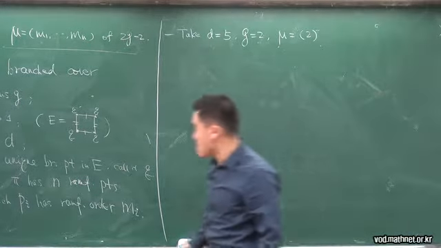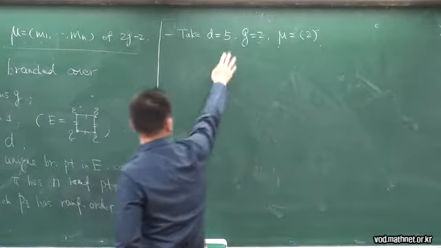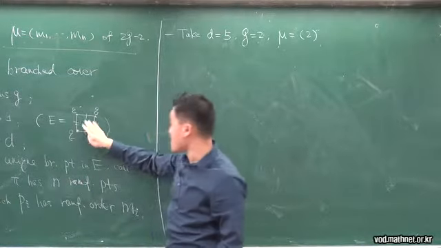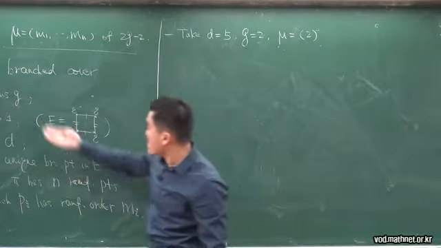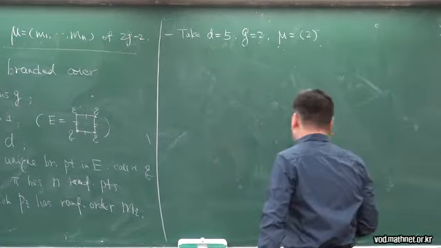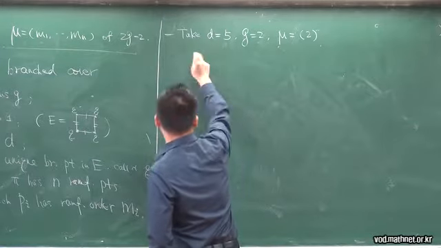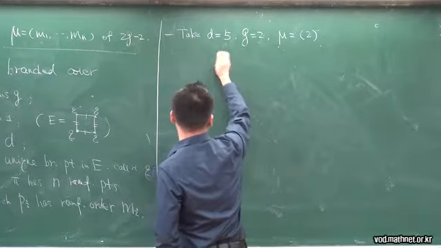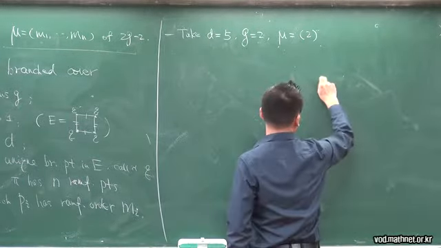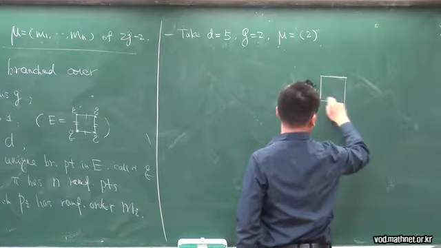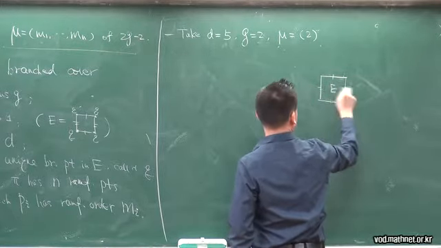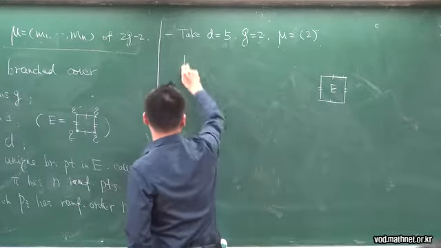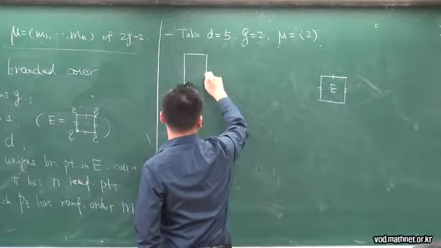So I can really literally draw a branch cover: degree 5 means I need 5 copies of the square and glue them appropriately together to form a cover of E. So let's do it as follows. We can construct pi as follows. So here I have E, and mark it here. I need 5 copies. I do it this way.